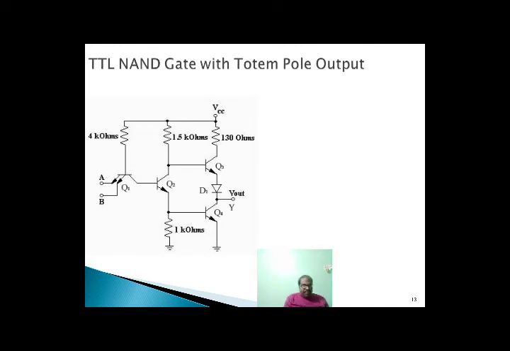Once again I am repeating. Here I have given a standard TTL NAND gate.